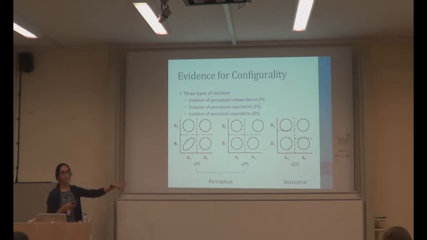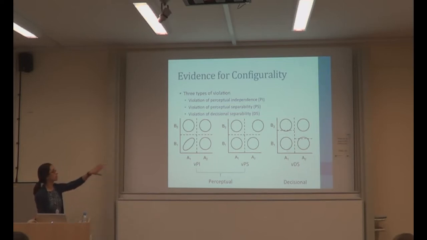The important point to take from this is that there are three different measures, and two of them refer to perceptual constructs, and one of them is a decisional construct. Behavioural effects associated with configural processing can be theoretically represented by any of these three constructs, but the theories in the literature for configural processing would expect a perceptual component underlying configurality, and a violation of PI would be considered the most appropriate for that, because the interaction would be within a single stimulus, so within a single face.